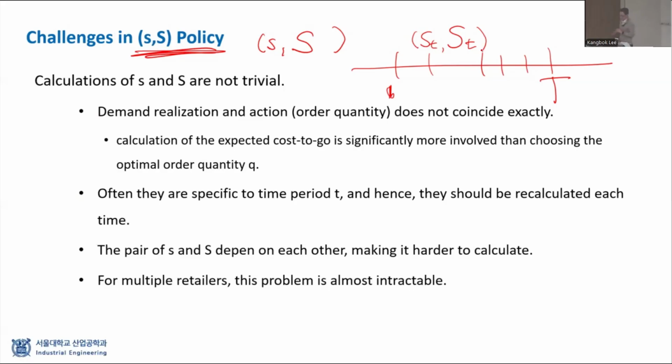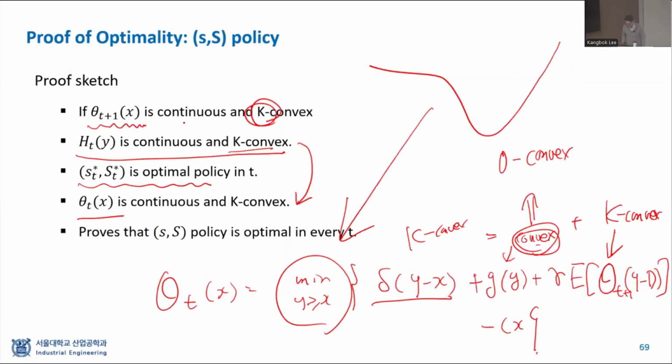But anyway, even for a single period, calculation of small s and large S is not trivial, just because this calculation is not easy at all. This is the same for calculating the base stock S.